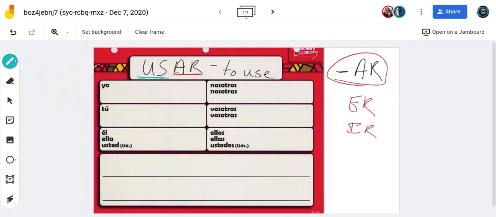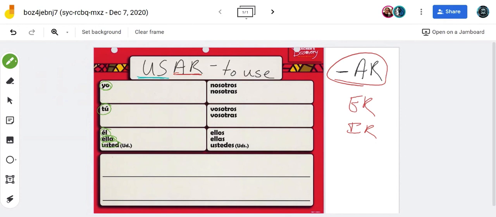Okay? So when you're trying to figure out the unique word that goes for each of these subject pronouns, here's the steps that you take. Okay?